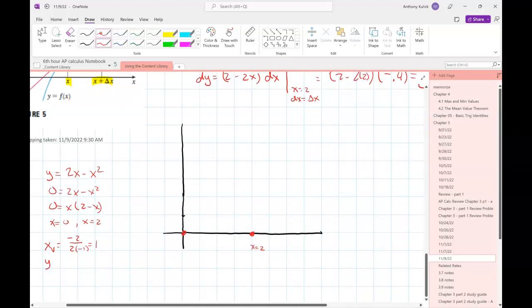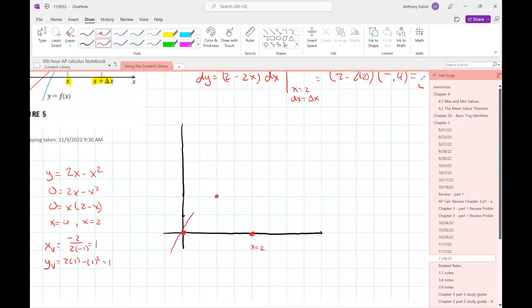And then to find the y-coordinate, I just plug that back in. So that's 1. So there's my f of x.